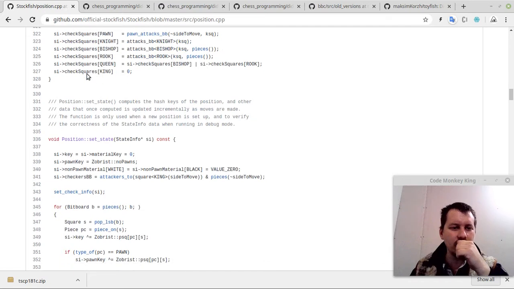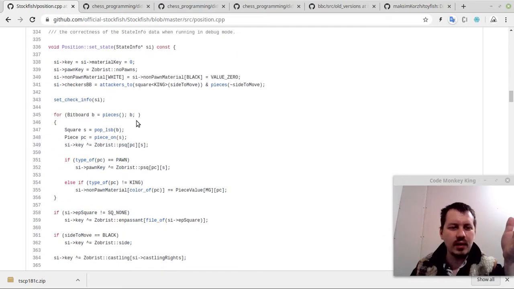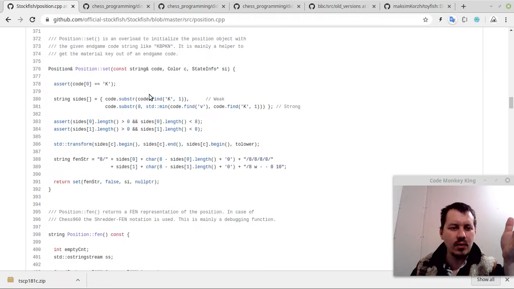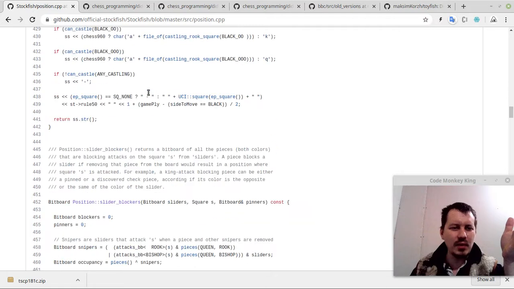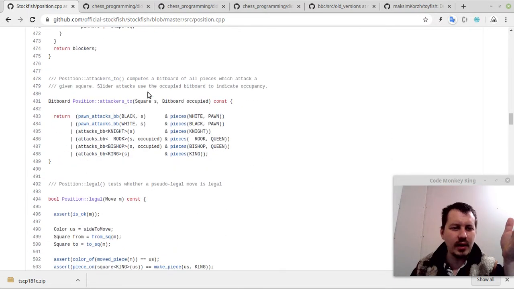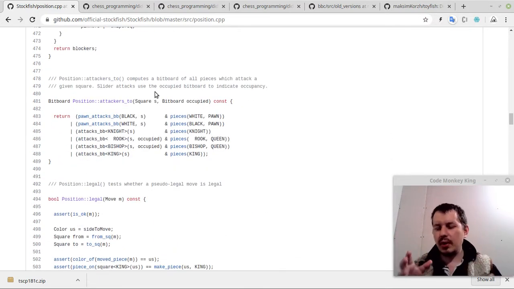And you're still scrolling down, and oh my god, again the state info, and again and again, and maybe you're lucky to find it one day, maybe not. But you see, the more you try to dive into the source code, the further away you find yourself from the original goal of understanding how the chess engine works.